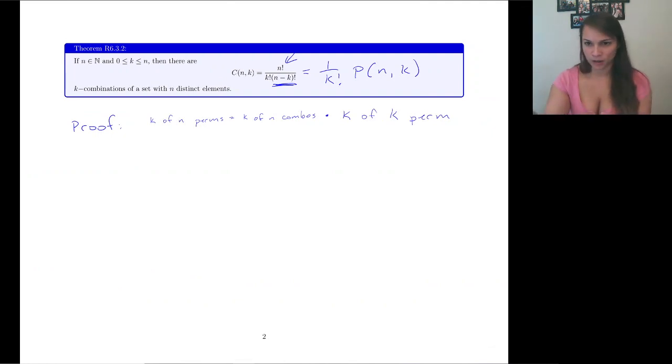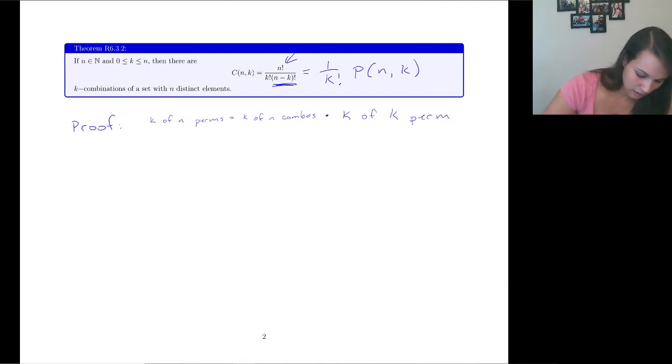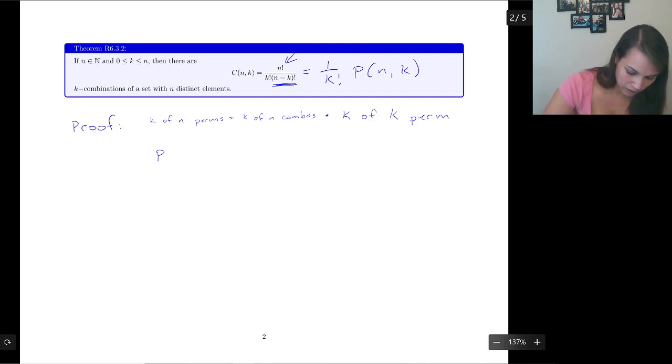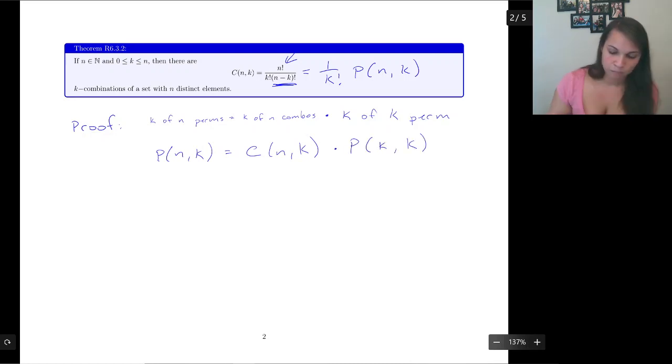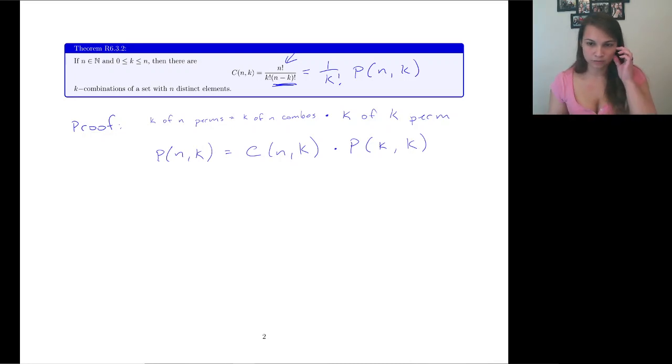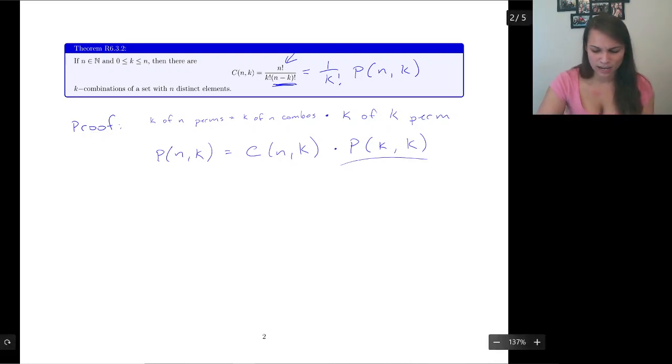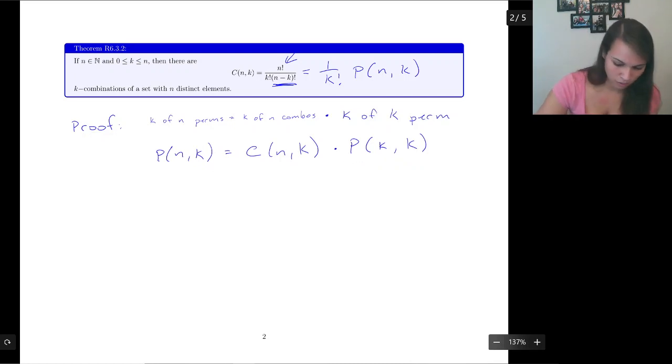So then if we translate this back into formulas, K of n permutations, so K many of n, that was the P(n,k) permutation counter. And then this is just the C(n,k) combination counter. But then this one is going to be P(k,k) for our permutations. And then this guy is known, this guy is known, so we can just solve for our combinations.